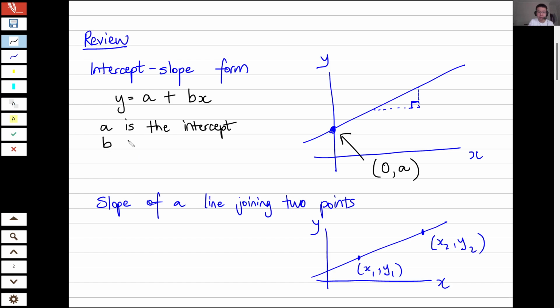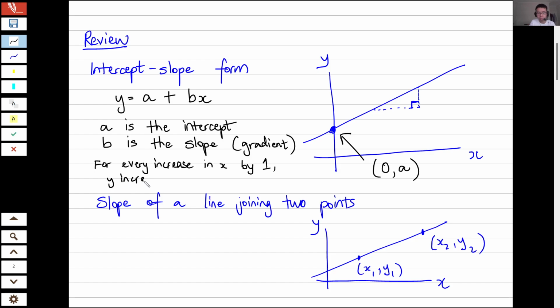The other number, b, is the slope. Another word for slope is gradient. And what we meant here was for every increase in x by 1, y increases by b, provided b is positive.